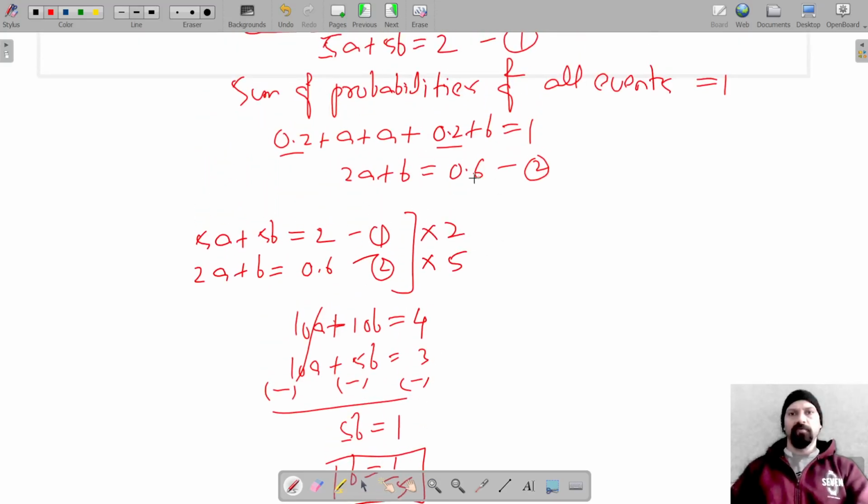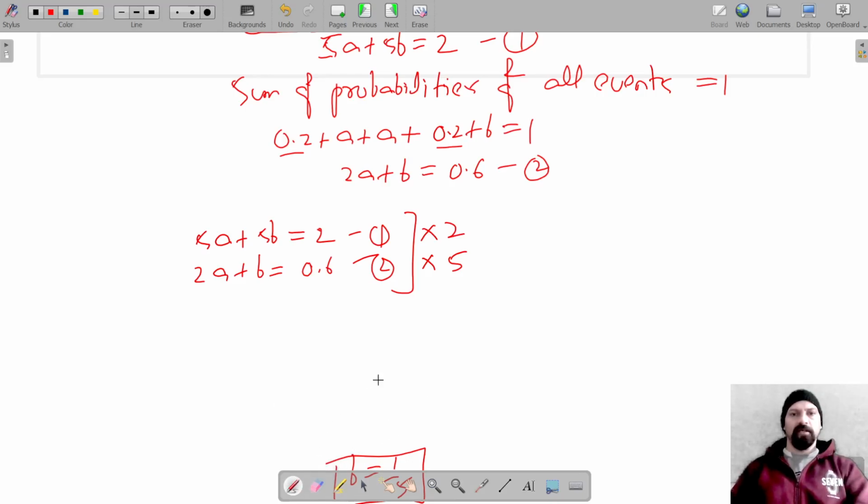And if b is equal to 1 by 5, let's get a. Now we have got b, and now I'm going to multiply these two equations. Let's multiply the first with 1 and the second with 5.